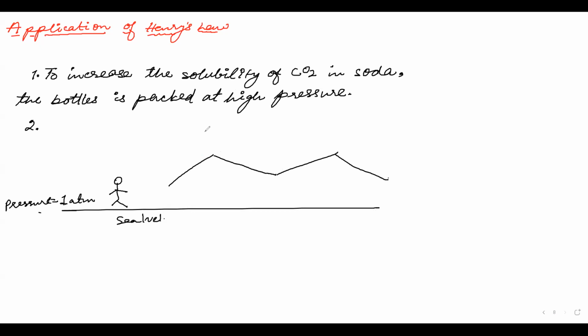The mountain? Really? I am not experiencing this much pressure in the mountain. This much atmosphere is not there in the mountain because I'm at high altitude. If I'm at high altitude, what happens? I am experiencing less pressure, right? No, it is not more.